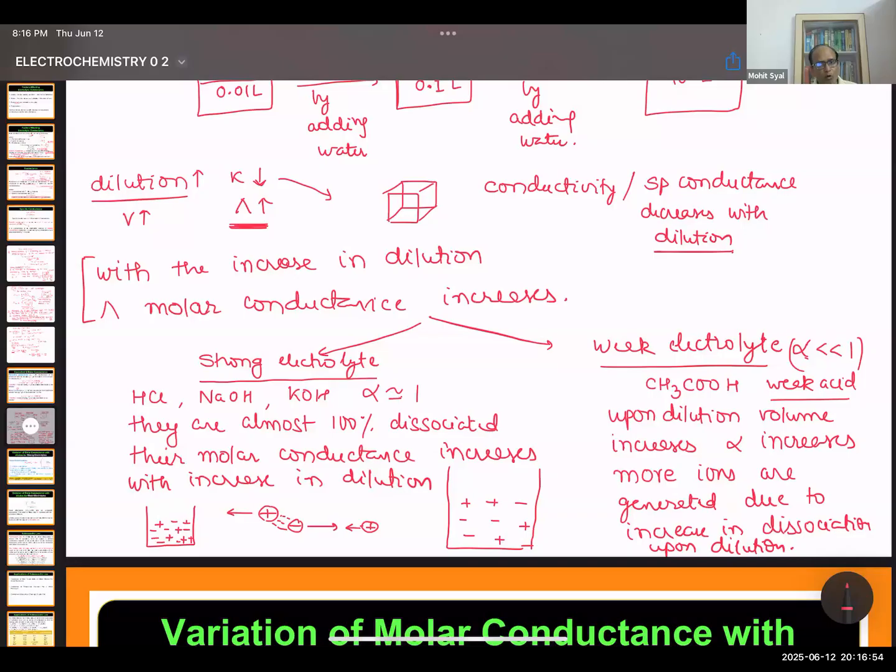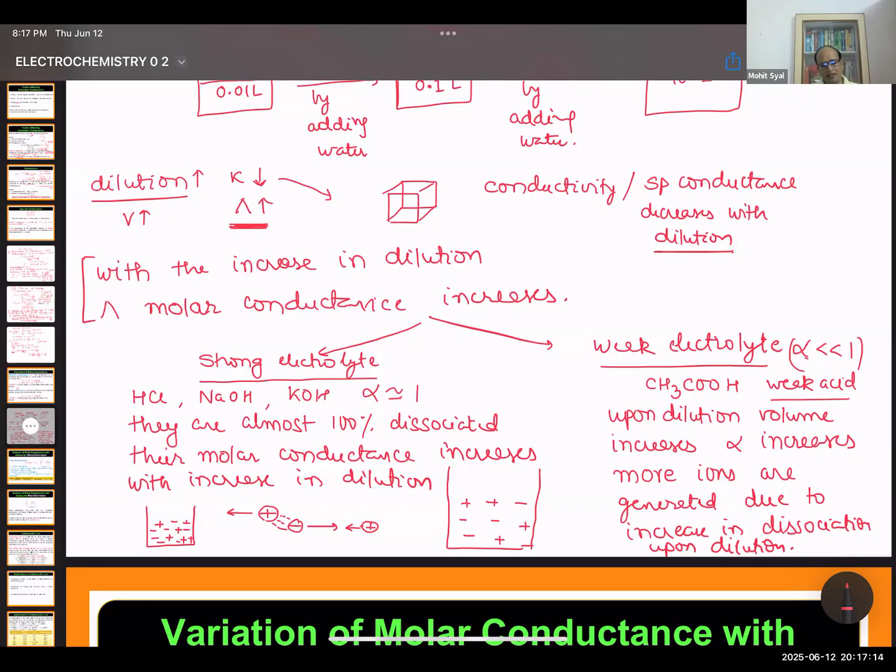And if you have more ions, you will have more molar conductance. So lambda is going to increase for weak electrolytes also, and for strong electrolytes also, but the reasons are different.